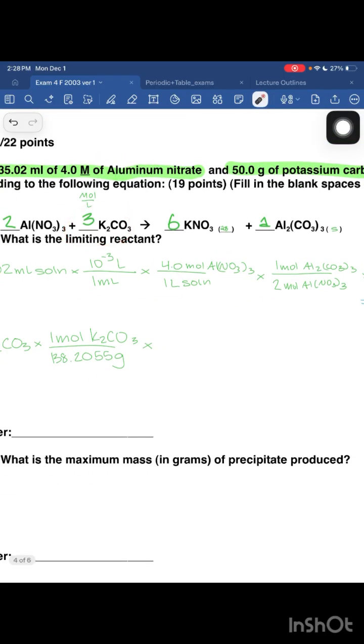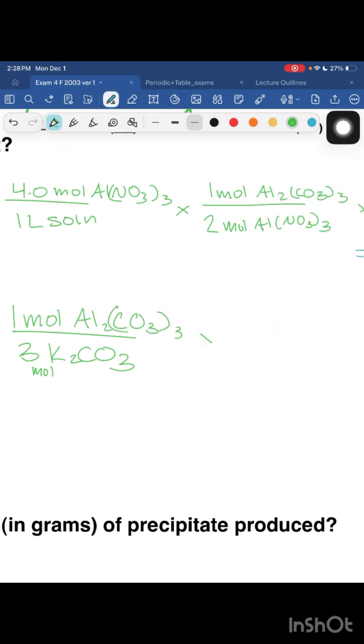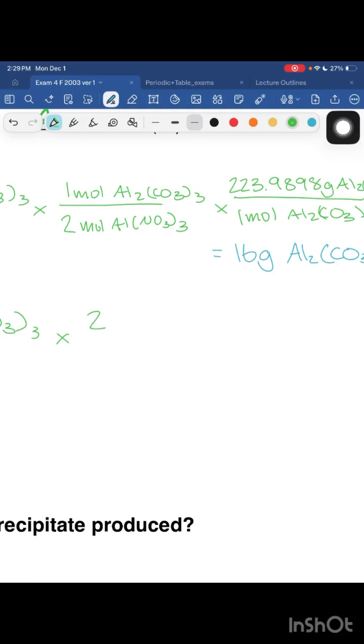3 potassium carbonates for every aluminum carbonate. So we have 3 K2CO3 for every 1 mole of Al2CO3. And we just copy paste the last part, like I said, for every 1 mole.